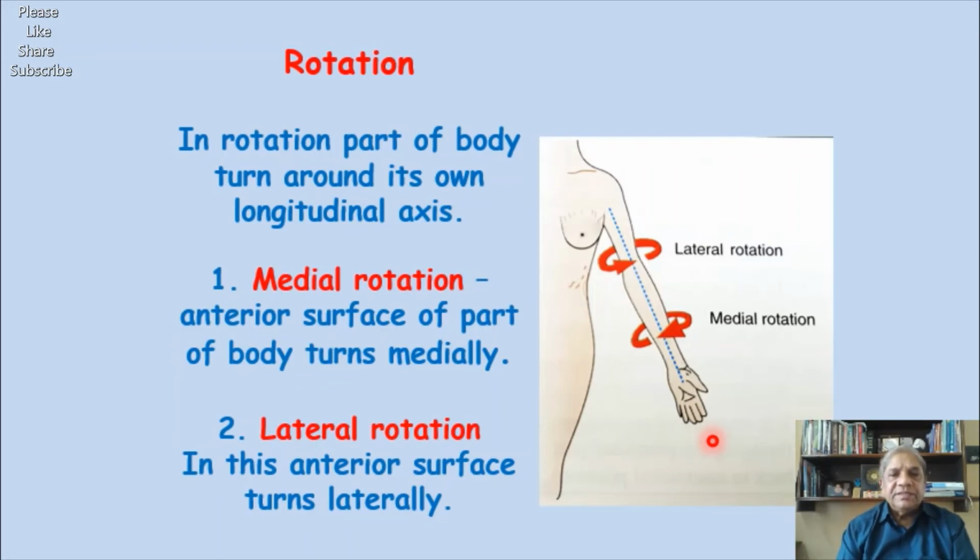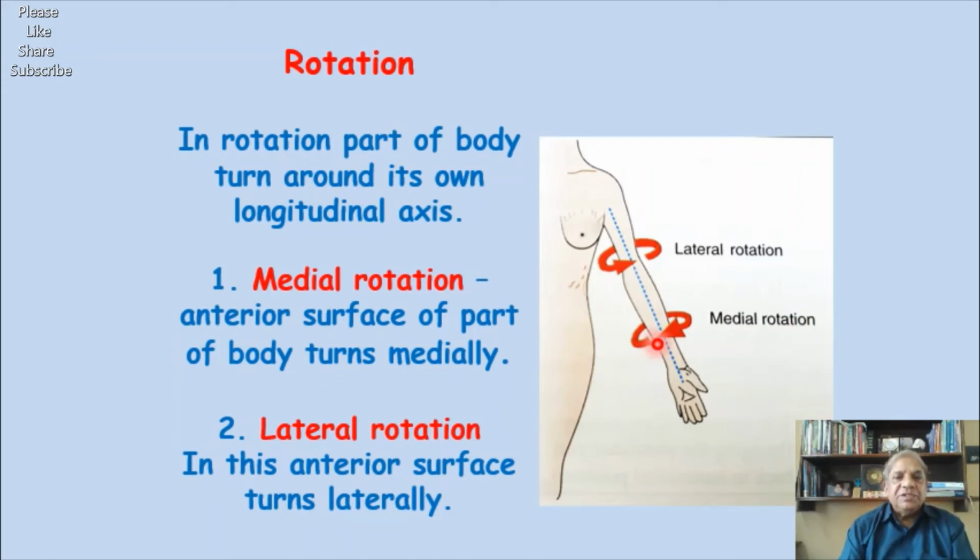The axis is passing through the limb longitudinally, and along this axis, when the whole upper limb rotates medially, that means the outer border in anatomical position rotates to the medial side, that is called medial rotation. Try to do it in your hand, after keeping it in anatomical position.